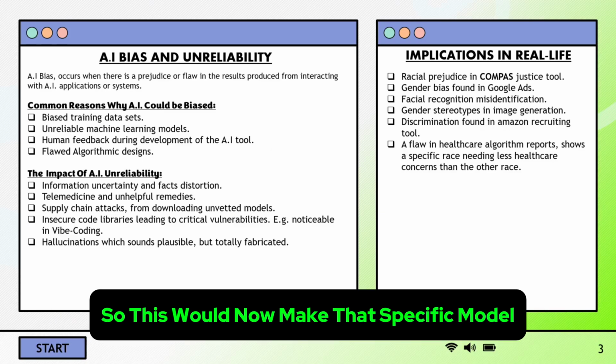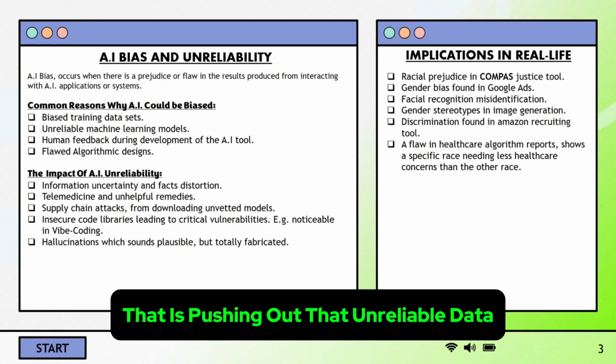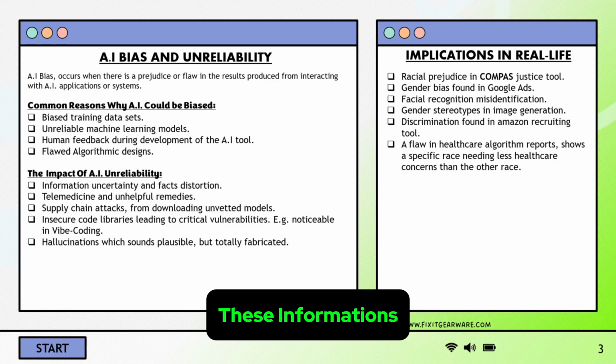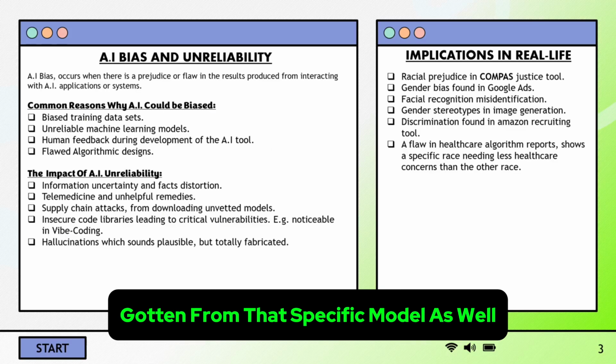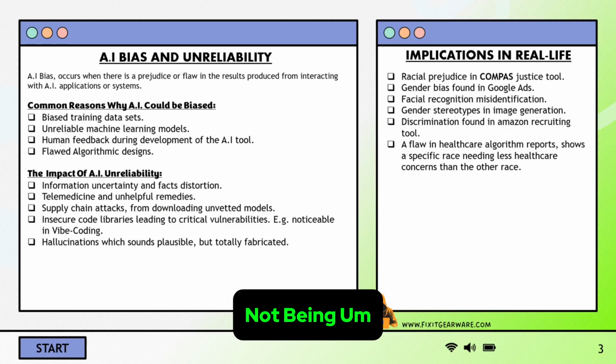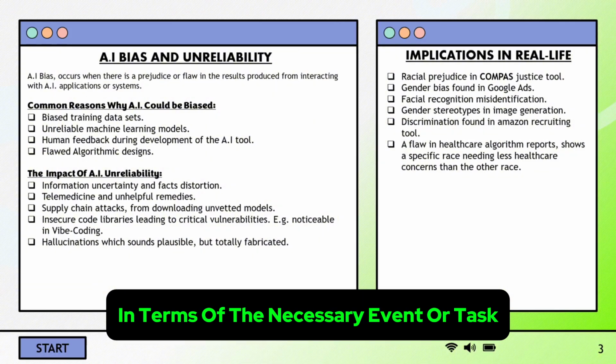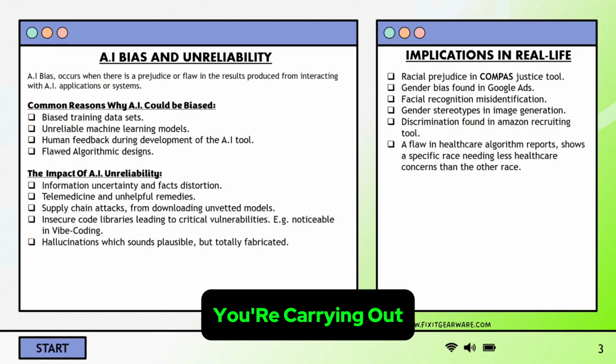This would make that specific model pushing out unreliable data not to be trusted. And of course, the information gotten from that model is not the right information or data that could be put into good use in terms of the task you're carrying out.